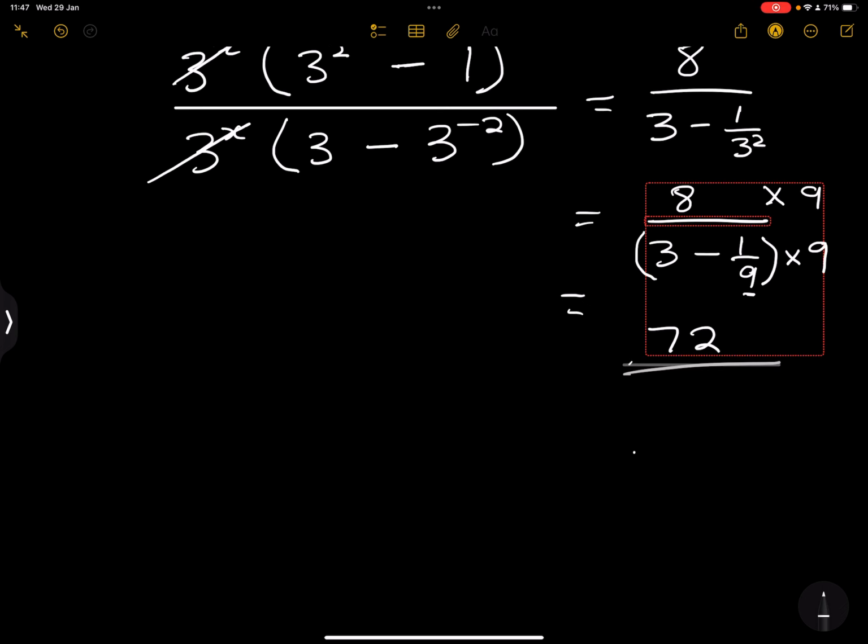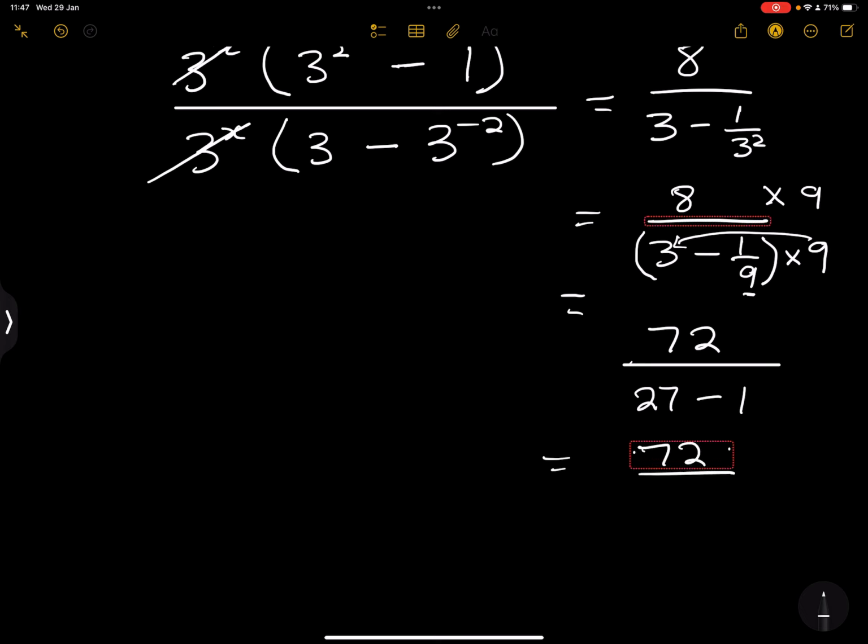So that's divided by, okay, so that's 72. And at the bottom, you've got 9 times 3, which is 27, minus 1. And so that would give us 72 divided by 26. And of course, you can try to simplify this as much as you possibly can.